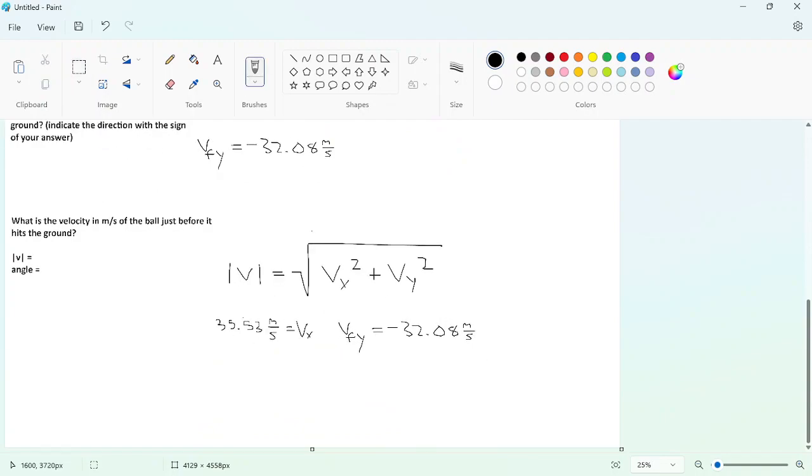So we square this one plus the square of this one, and we take the square root, and we're able to get the magnitude. The magnitude of the velocity is going to be equal to 47.87 meters per second.